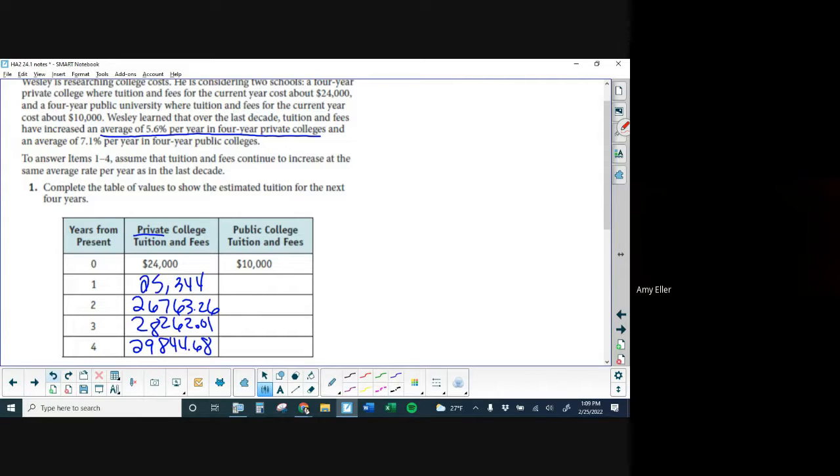Hopefully that completes your first column. The next column is public colleges, and that increases at 7.1% each year. So if I move that twice, that's 0.071. Is that what I want to multiply by? I want to multiply by 100% plus an additional 7.1%.